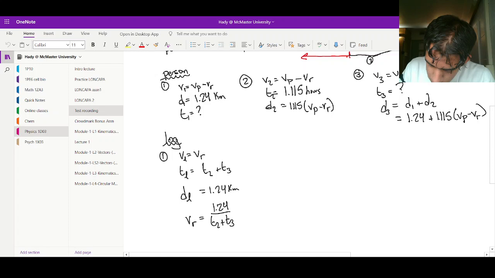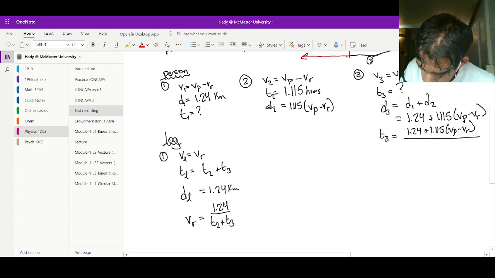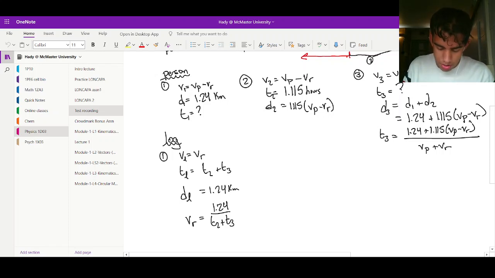We also know that for person 3, time is equal to distance over the velocity. And we know what our t2 is already. So now we can plug our t3 and our t2 in here.